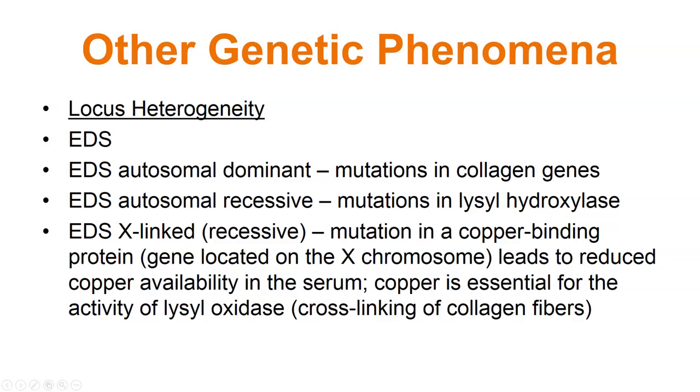Whereas you could have a mutation in a gene that is an enzyme that processes collagen, and that would be autosomal recessive. That means if you have 50% of the enzyme, it will still process the collagen normally, maybe not quite as fast, but it can still do it all. So the collagen is normal. You'd have to have two mutated copies, so that's where it'd be autosomal recessive. And if the gene happens to be located on an X chromosome, you can also get X-linked versions of Ehlers-Danlos as well. Okay?